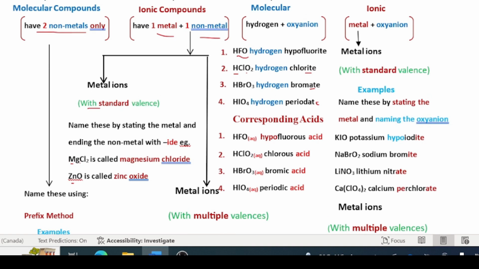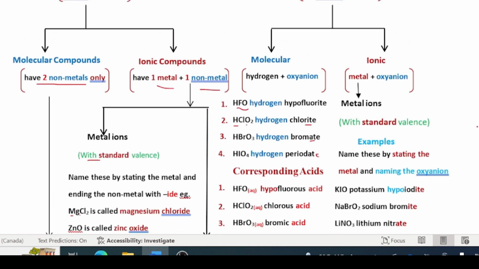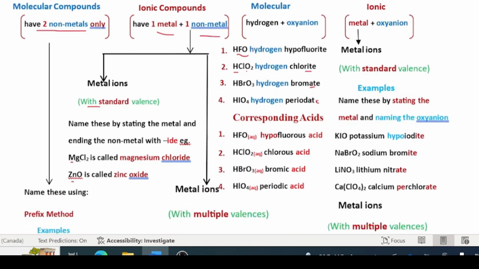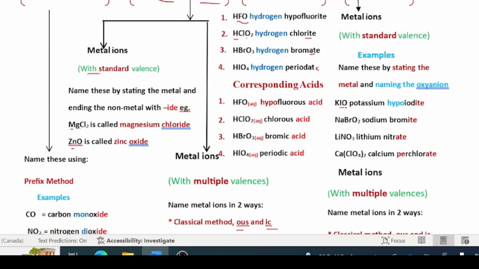When you have these with a metal ion, now you get a salt, right? Okay, watch this now. If you say KIO, go to the standard. IO3 is ate, IO2 is ite, IO must be hypoite. So it becomes potassium hypoiodite, okay? What is this? Not BrO3, which is ate.